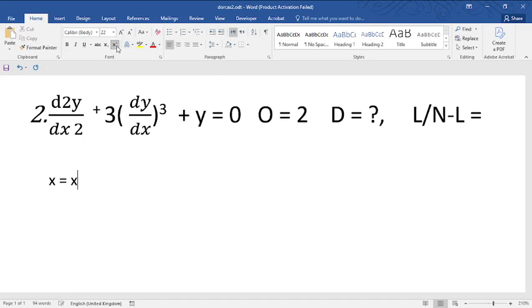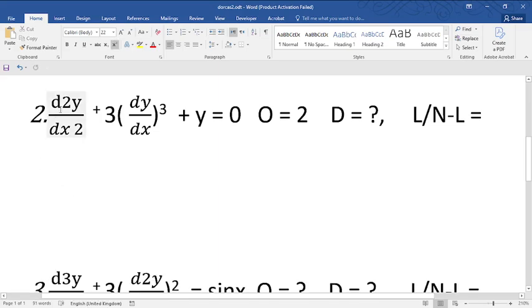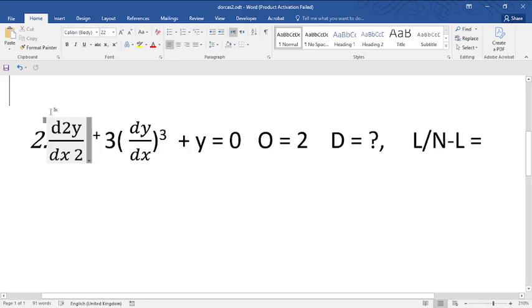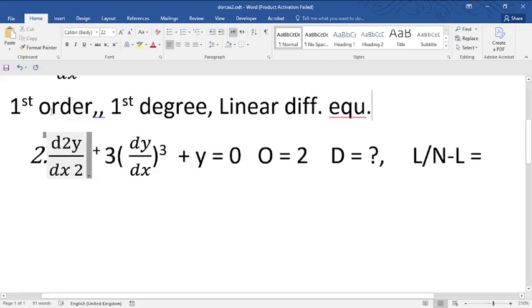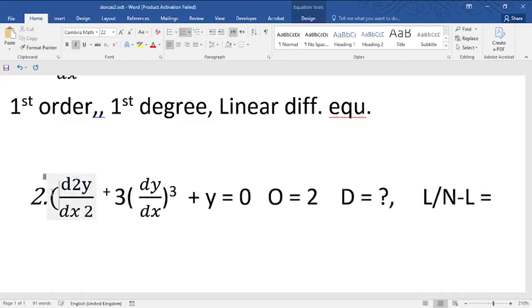You can gently say x to the power of 1, because anything raised to power 1 is still itself. So here that you are having this kind of particular differential coefficient, you can call it something like this, with the bracket open and the bracket close over here.